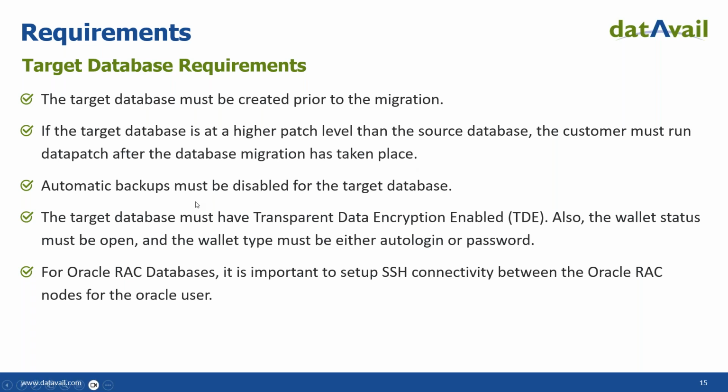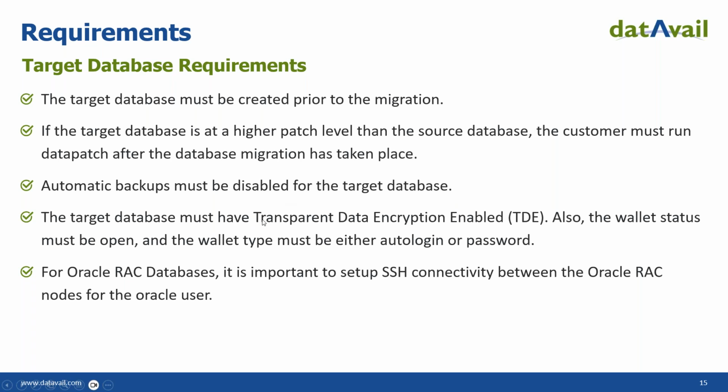Also, on target databases, when we create the databases in OCI bare metal, not VM, Autonomous Databases, or Exadata on-premises or cloud services, the backups are automatically configured to take a backup at the recovery destination. So we need to make sure that we disable those backups.